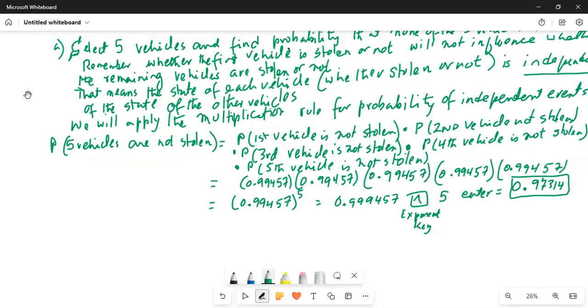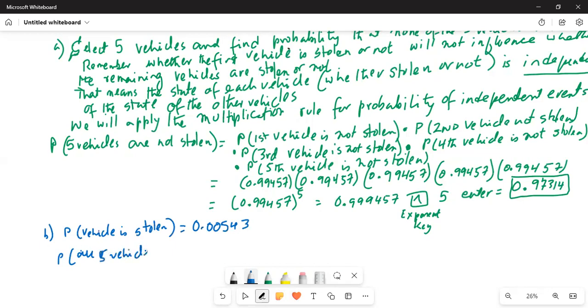So for part B, we know the probability a vehicle is stolen is equal to 0.00543. So the probability all 5 vehicles are stolen.